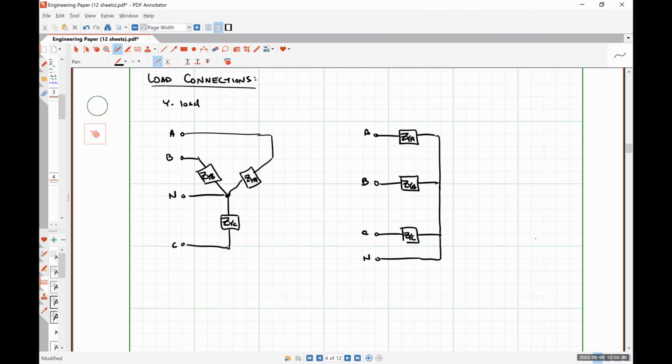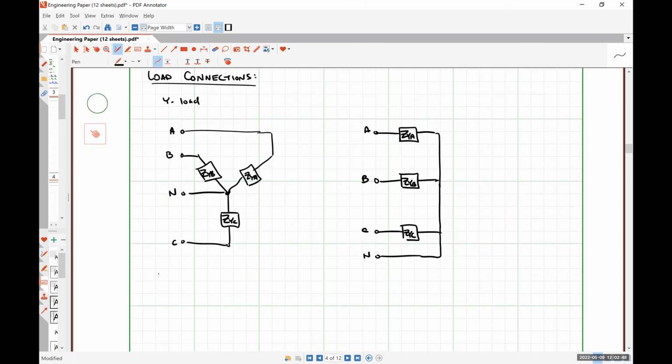So our phase voltages are going to be the voltage drops over each phase or each part of our three-phase load, right?